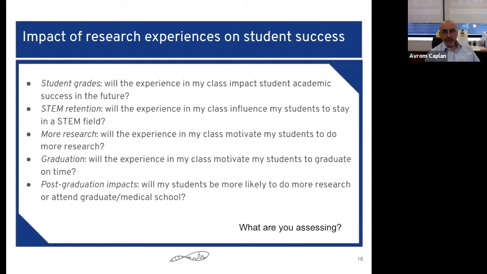There's a great deal of interest in measuring the impact of research experiences on student success. So what is it possible to assess? If you're doing a very short course, you're probably not going to see much impact. But if you're doing a course that lasts a semester or longer, it's worth measuring the outcomes and seeing if the research experience itself has a ripple effect outside of the course.